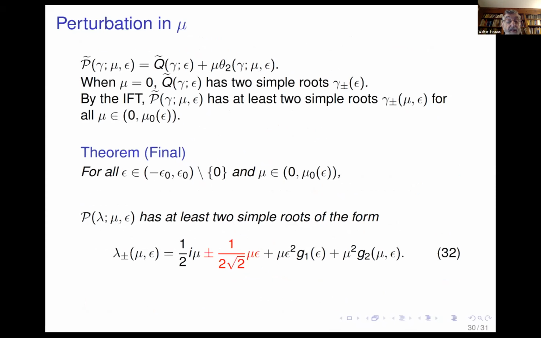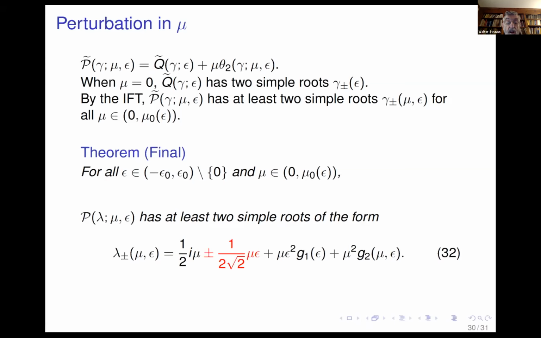And here's the final theorem, 32. The theorem says you take epsilon small enough, and then you take mu, which depends on epsilon, and then the polynomial has at least 2 simple roots, and here they are. Equation 32 has this form where the G's are smooth functions.